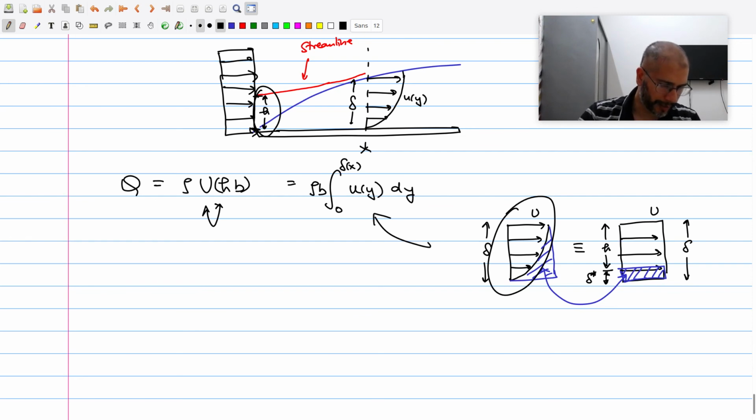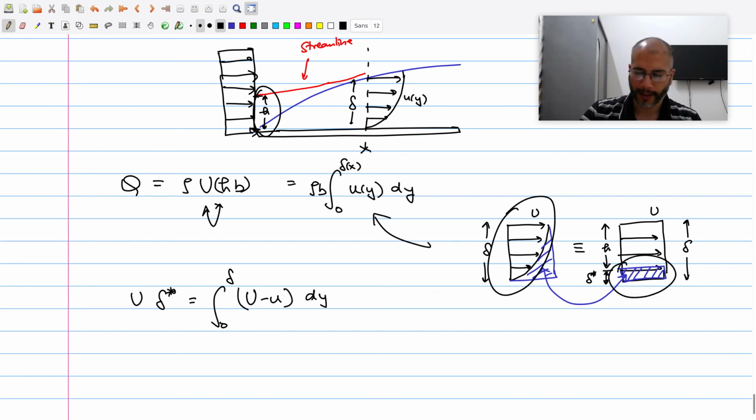So what you will ultimately get is this delta star is an integral from 0 to delta of 1 minus, well, it's actually the momentum deficit, and then you have a U here. Okay. So this U times delta star is this shaded region, and this capital U minus small u is giving us this shaded region on the left hand side.